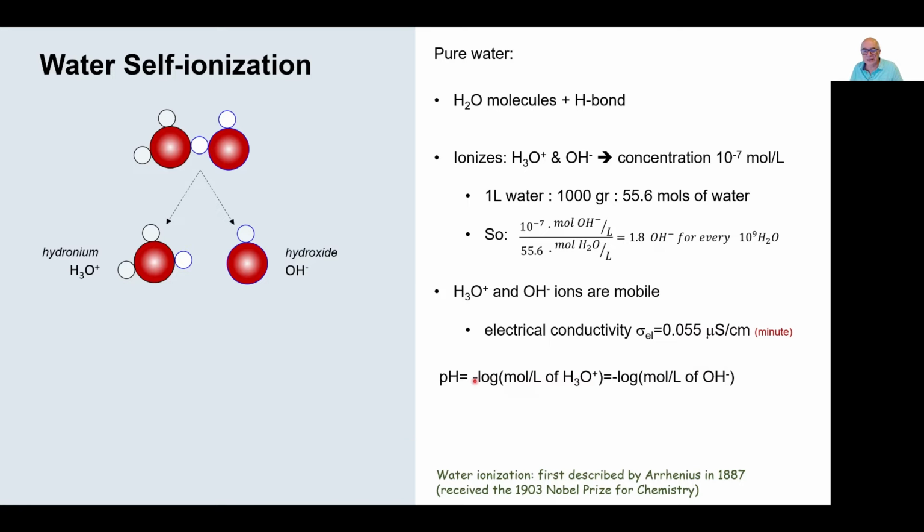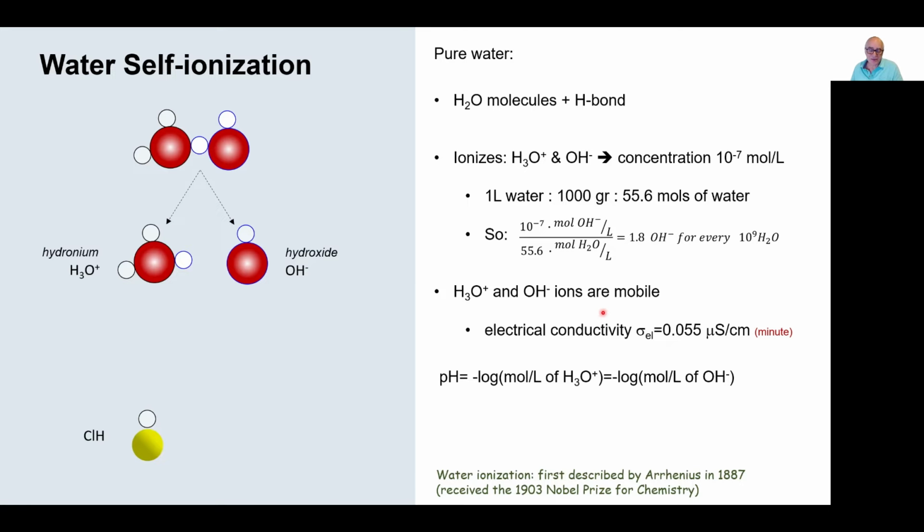So if you do that, the minus log of 10 to the minus 7 is 7. So under normal conditions, the pH of water is 7, which means that 2 molecules per billion molecules of water have formed ions, have self-ionized. That is the equilibrium condition.